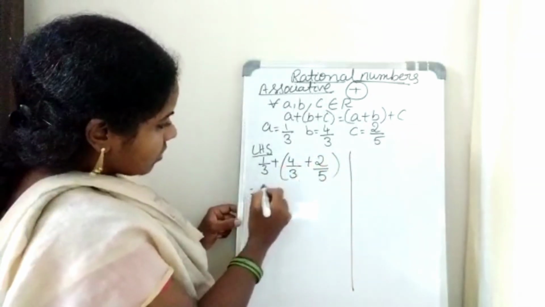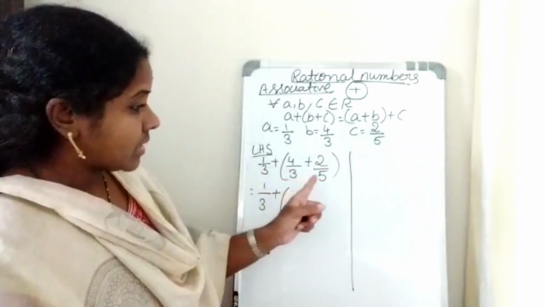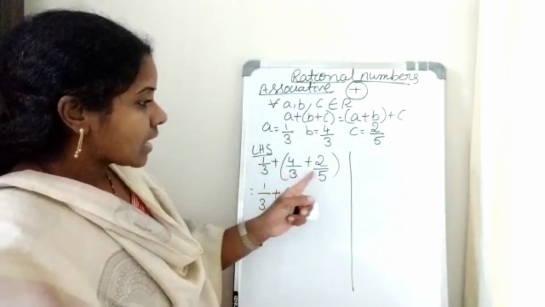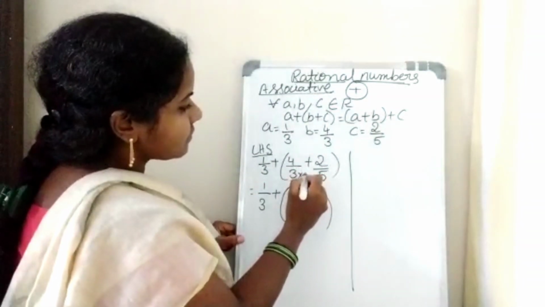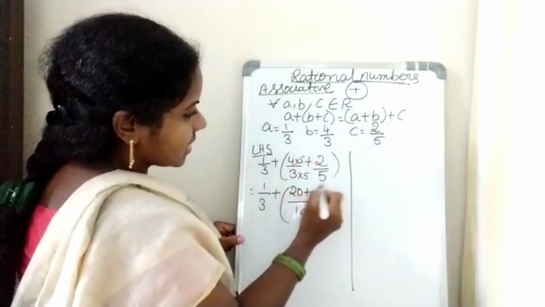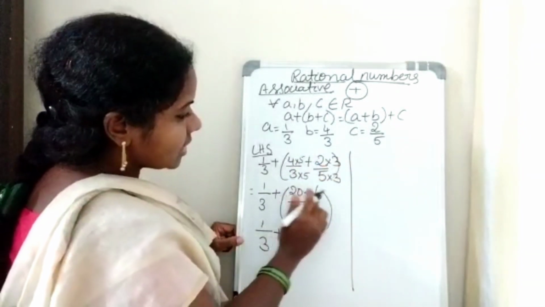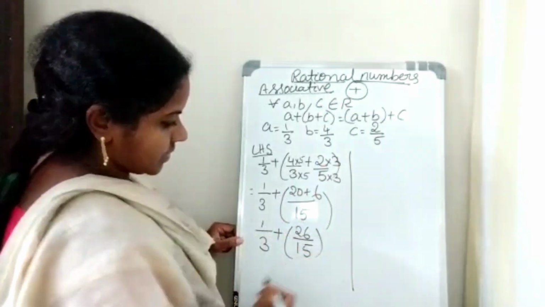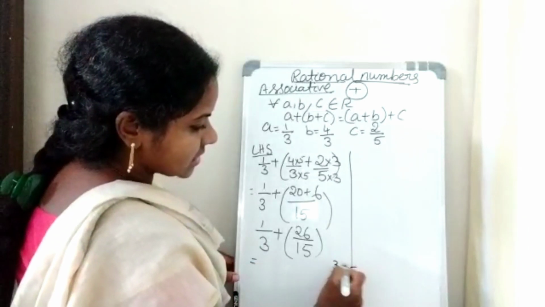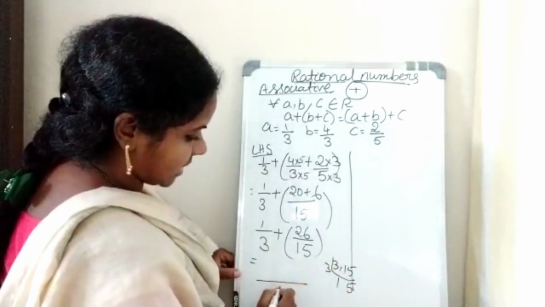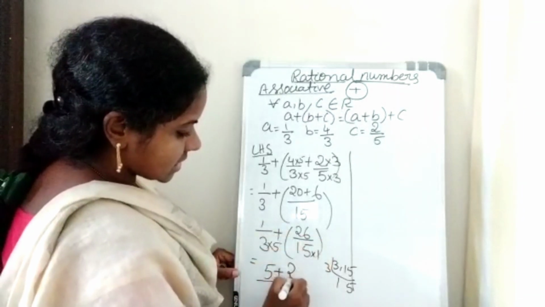Now 1/3 plus 4/3 plus 2/5. Here 3 and 5 are co-prime numbers, they do not have common factors, so the LCM is just the multiplication: 3 fives are 15, 15 is the LCM. 3 fives 15, 4 fives 20, plus 5 threes 15, 2 threes 6. So 20 plus 6 is 26 by 15. Again the LCM of 3 and 15 is 15. 3 fives 15, 1 five 5, plus 15 ones 15, 26 ones 26.